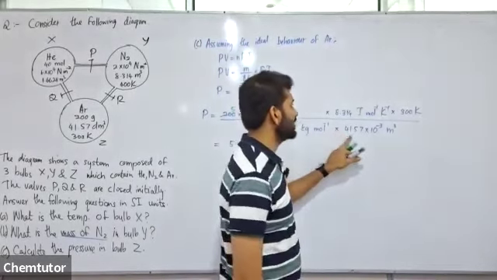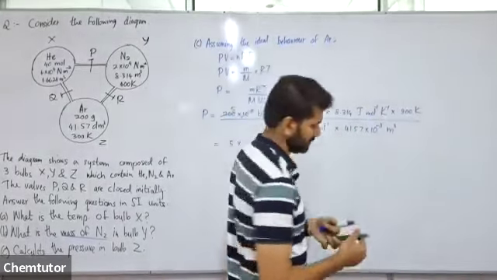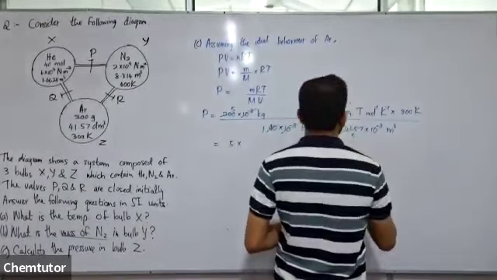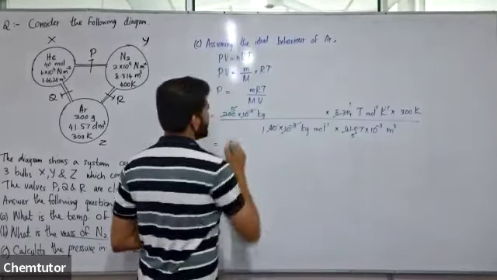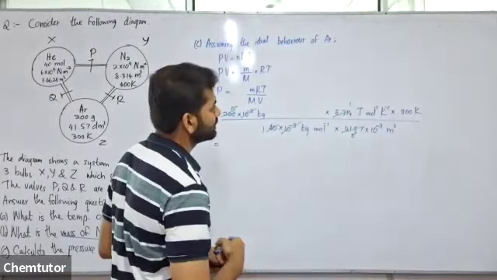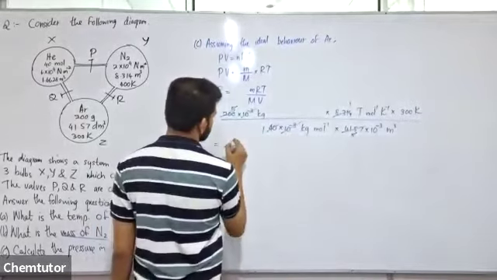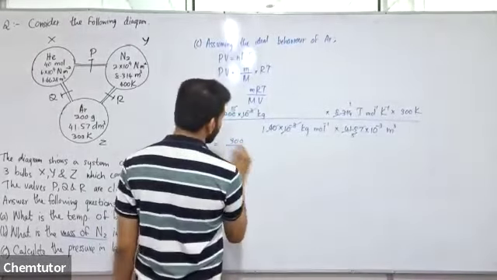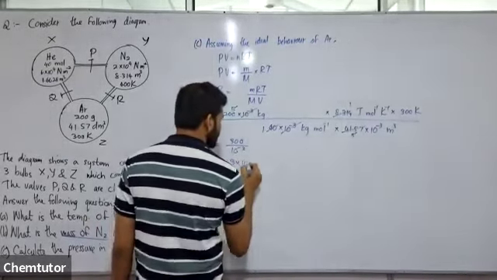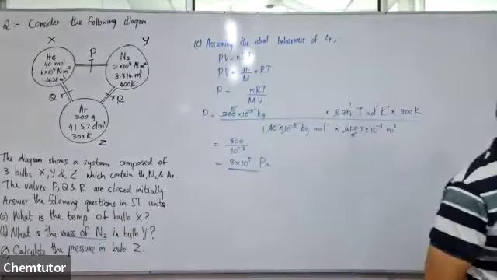That means we can simplify it because 4.157 times 2 is 8.314. So we can cancel 8.314 times 5, then the 5 gets cancelled. Then the final answer will be 300 divided by 10 to the power minus 3. So once it comes out, the answer will be 3 into 10 to the power 5. That is the answer.